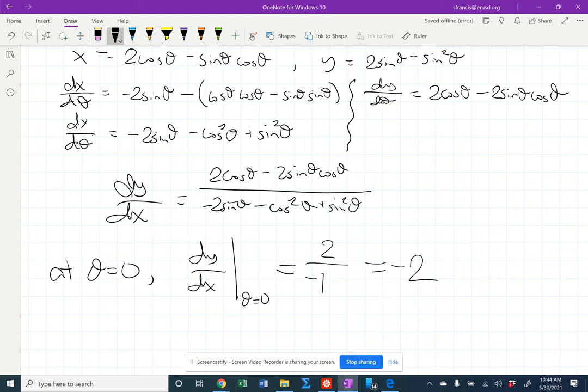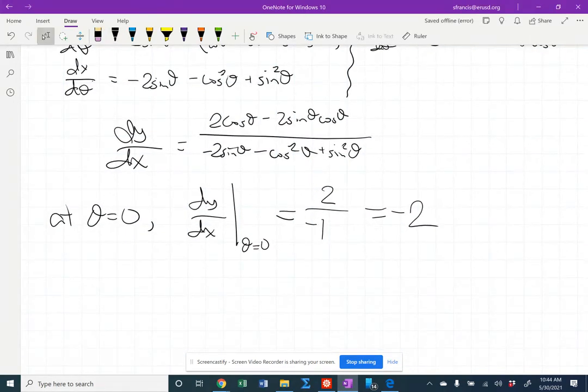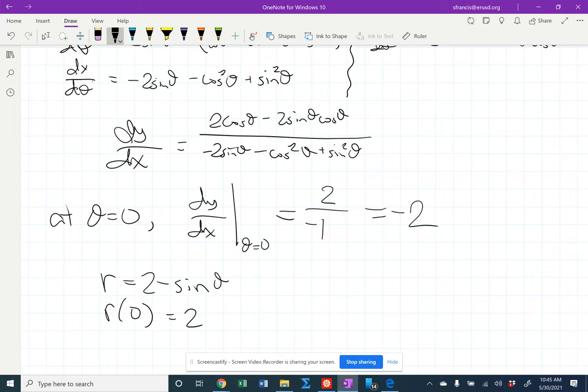All right, so we're going to take a look at this in just a moment. I'm actually going to show you the equation of the tangent line, even though the question just asked for the slope. So if we look at r equals 2 minus sine of theta, r of 0 is just going to be 2, so the polar coordinates we're looking at are 2, 0.